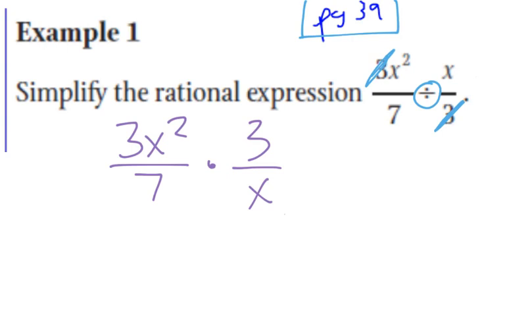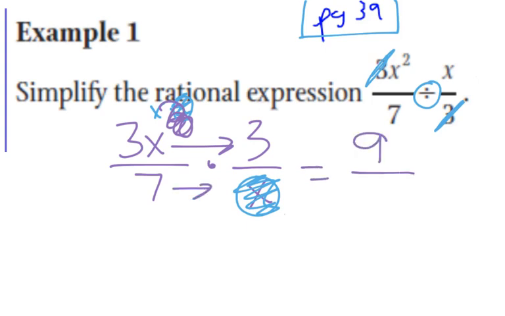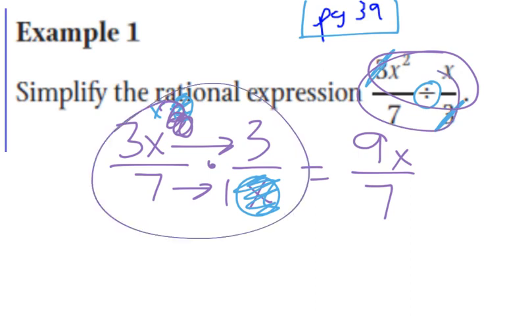So after we swap it, then yes, one of these x's can be eliminated, but the 3's aren't going to be able to. So we end up with 3x times 3, which is 9, over 7 times 1, which is 7, so 9x over 7. I can't stress that enough: you can't start eliminating till after you make the switch.